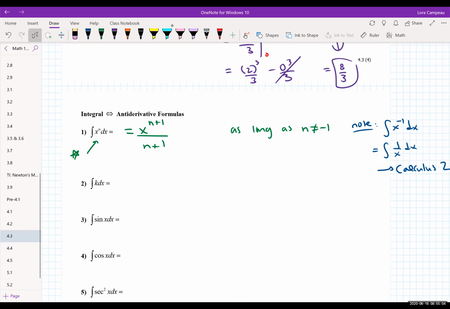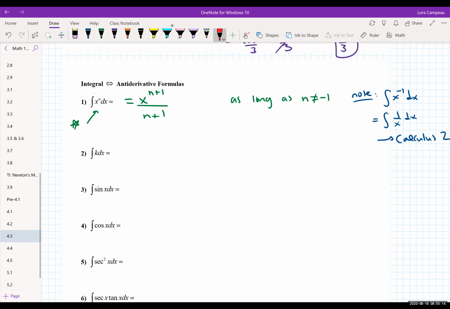Now, notice, I'm going to be clear on this. It's going to matter a lot more for the next section. But when you do not see upper and lower limits of integration on the integral symbol, it will make sense a little bit more later. We don't tend to use it this way, but I might as well get you in the mood now. When you're done taking the antiderivative, you always have to add on a c to stand for plus a constant.